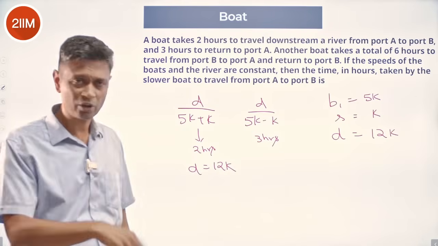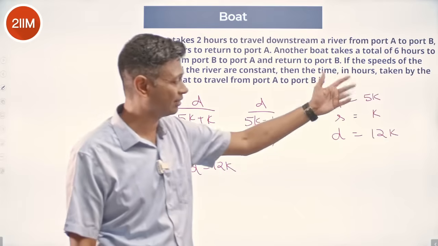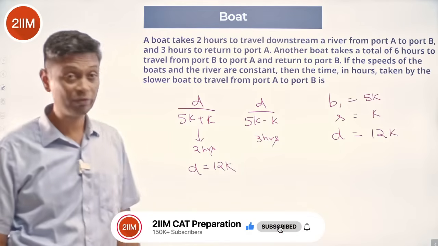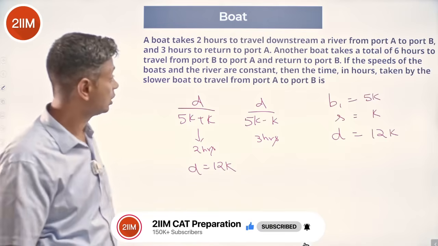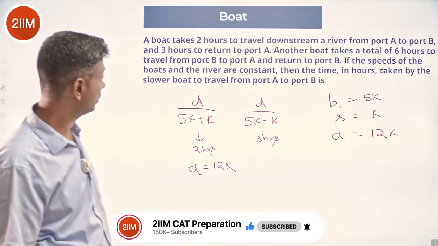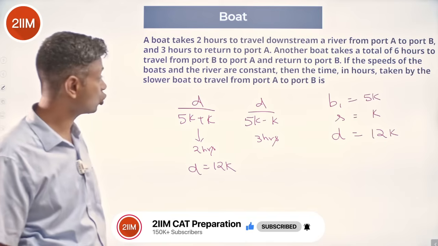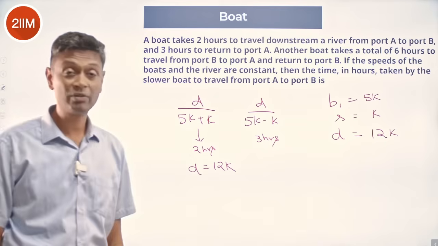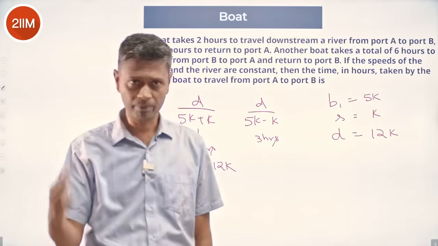So that it nicely works to be 2 hours, and this is in kilometers per hour, that is in kilometers, everything works out, the units cancel out, all of that. What do we need to find? We need to find speed of boat 2. Not just that, we need to find the time taken in hours by the slower boat, which is boat 2, because boat 2 takes a total of 6 hours to travel from A to B, to travel downstream. So what have we got to do?